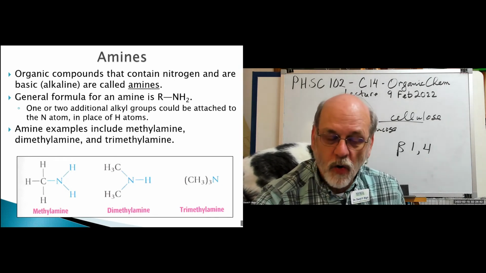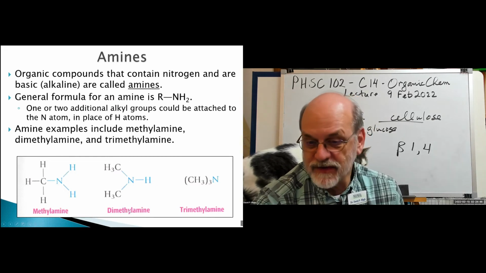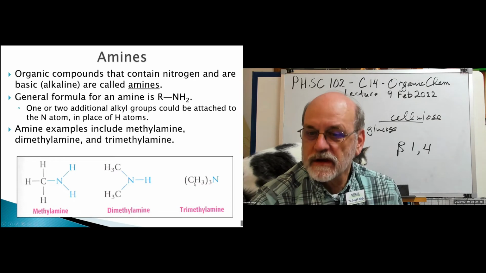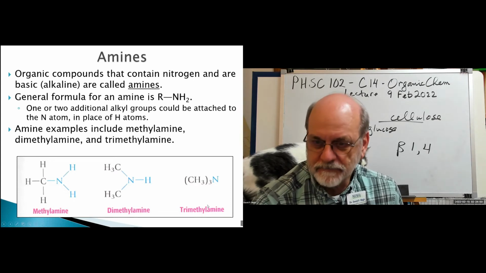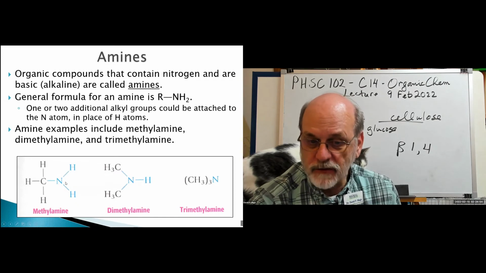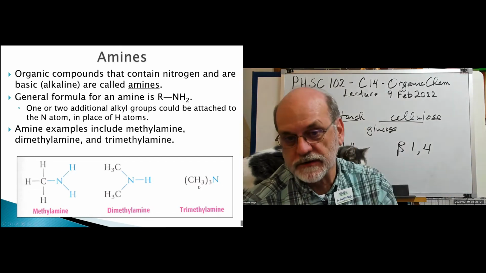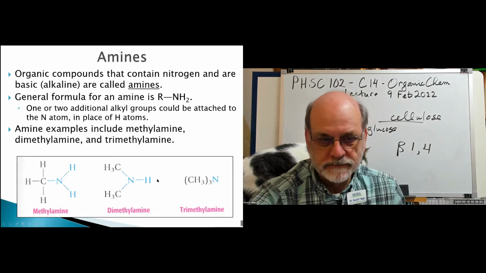Or if we substitute two methyl groups on that nitrogen, we have dimethylamine, or trimethylamine, right? So nitrogen always has three bonds. In this case, we have 2 methyls. In this case, we have 3 methyls. So we haven't broken the rules.